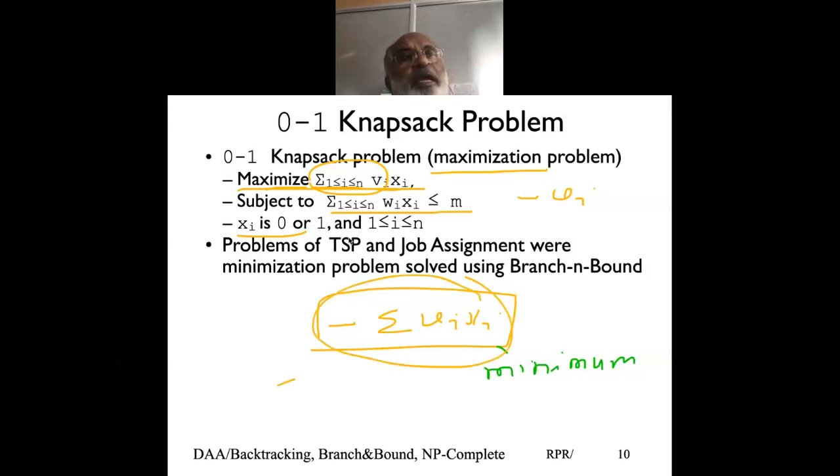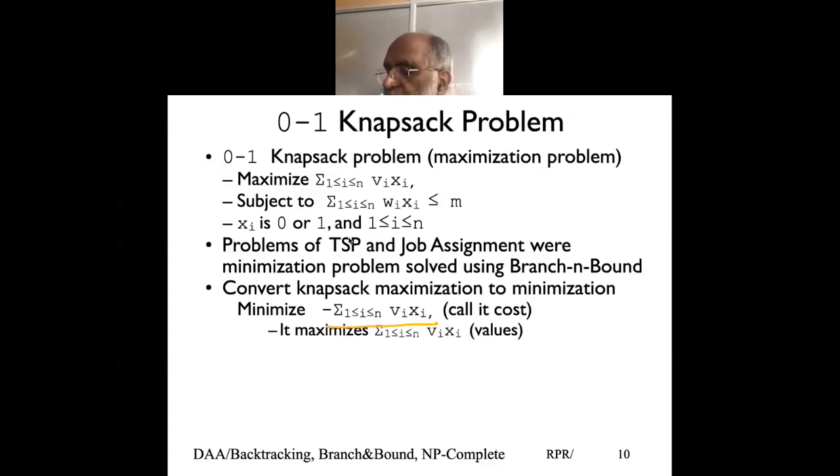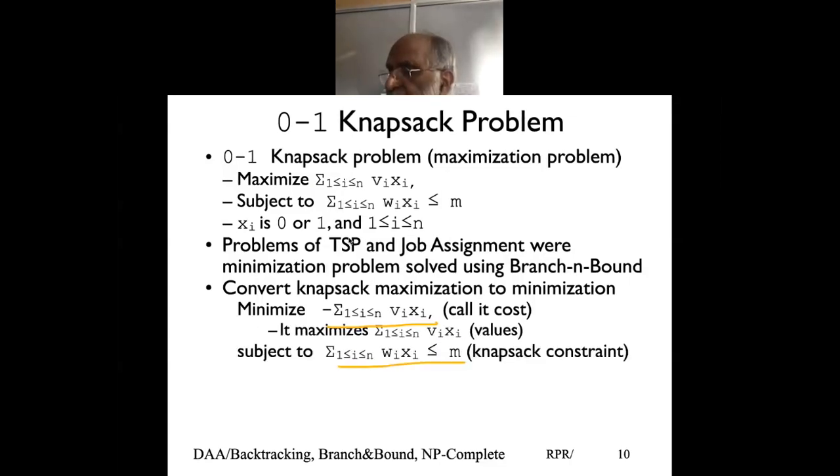So if I take my cost as minus sigma Vi Xi, my problem becomes, in the minimization case, minimize minus sigma Vi Xi, subject to the constraint that my sum of weights is less than M. And now look, my numbers are negative.